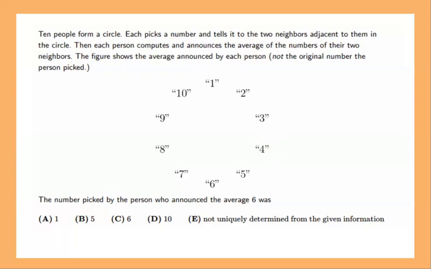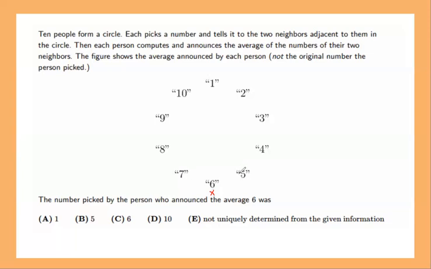Since this is our target, I'm going to call that number X, the value chosen by that person. I don't have much information other than averages. If this is my average, the sum of the number right here and the number right here has to be twice as much, because this person plus this person over 2 gives this average, not 5 and 7, but the numbers picked by these people.